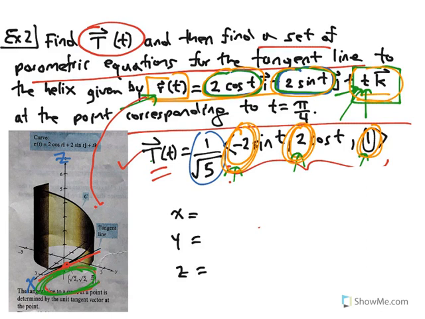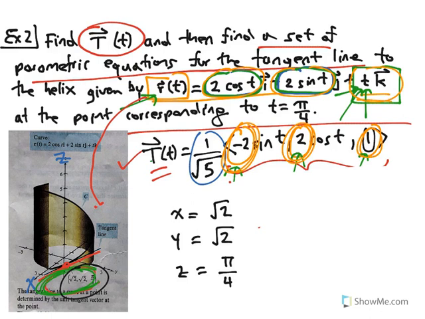The easiest way to do this is to ask, what is the x coordinate of the point of tangency? Well, it's square root of 2. What is the y coordinate of the point of tangency? It's square root of 2. What is the z coordinate of the point of tangency? It's pi over 4.